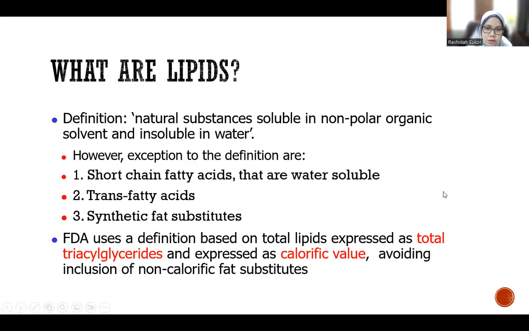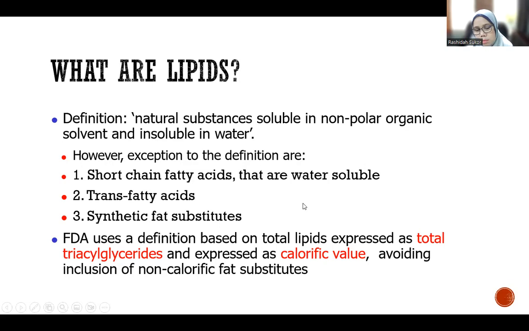And then we have trans and cis fatty acid. They are different in terms of, if you go back to your chemistry class, the location of the functional group in the structure, which will define whether it is cis fatty acid or trans fatty acid. Trans fatty acids are more water soluble. And then synthetic fat substitute.